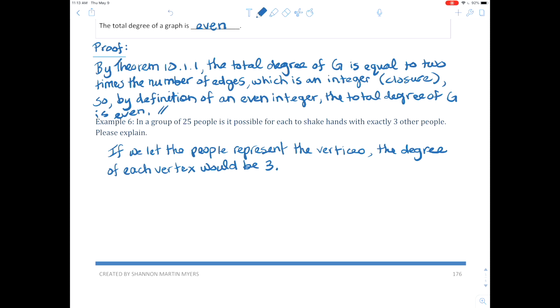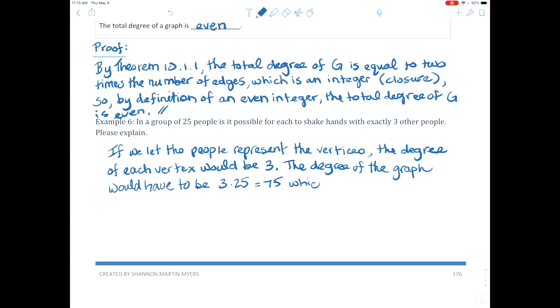So the degree of the graph, if this was true, would have to be 3 times 25, which is 75, which is not even.